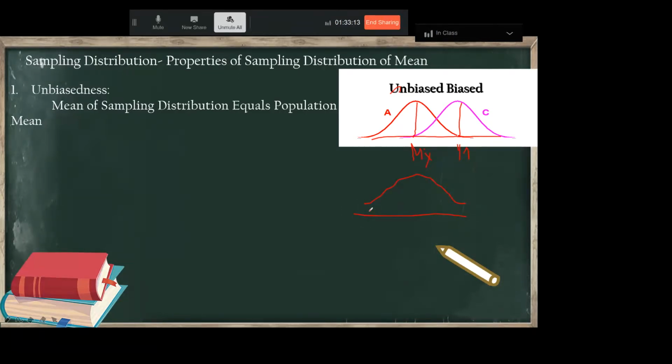If this one is also the same, then mu x bar is equal to mu. So that's the first property of unbiasedness, that the mean of a sampling distribution equals the population mean, right? Now, if not equal, then it's a biased estimator.